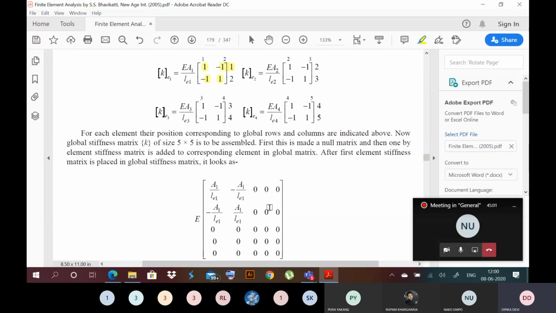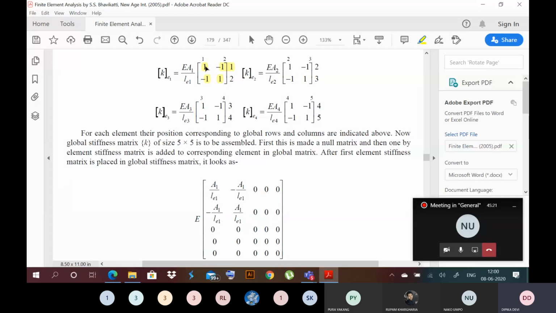So after assembling, we will get K is equal to, the first term will be equal to E into A1 by Le1. That will go to 1, 1. This is U1, U2, U3, U4, U5. Okay, because there are 5 nodes, so the size of the K matrix will be 5 by 5.